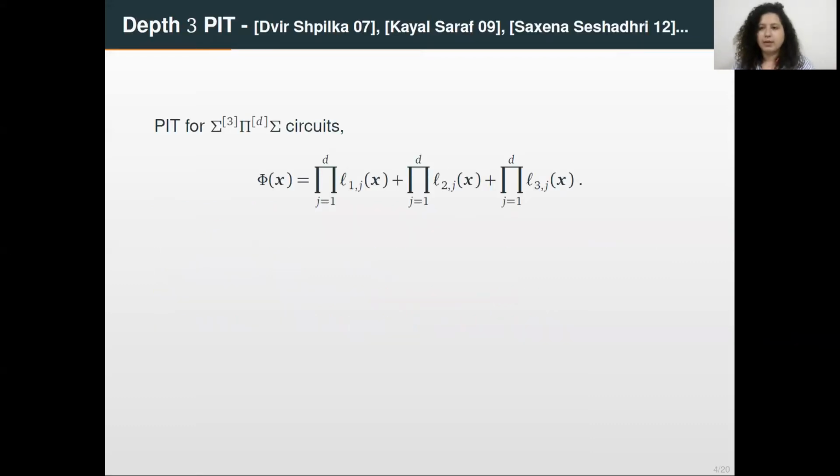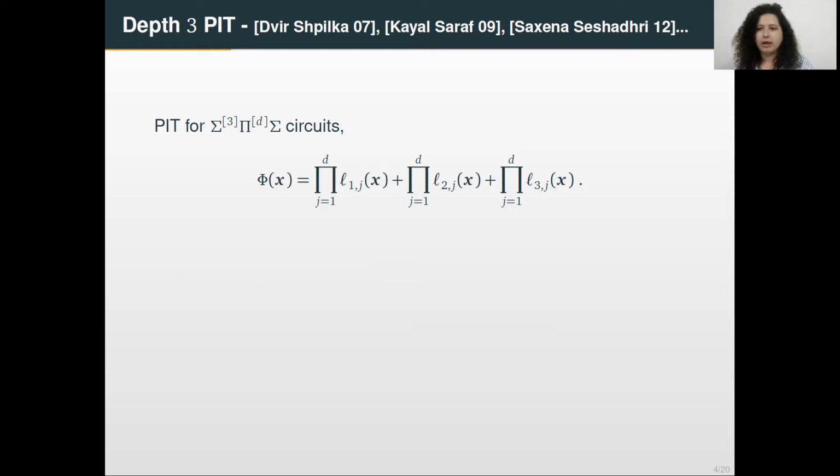So let's take a quick look at previous results regarding polynomial identity testing for small depth arithmetic circuits, namely for depth 3 arithmetic circuits. This is a line of work started with Dvir and Shpilka, and then Kayal and Saraf, Saxena, Seshadri, and many more.